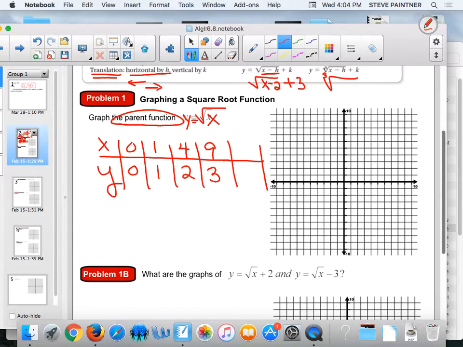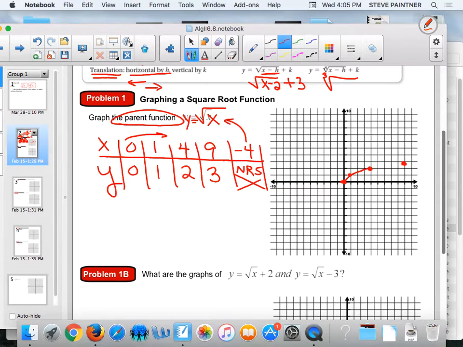I could try negatives, like a negative 4, but the square root of a negative number doesn't exist, so there is no real solution or answer. So we just basically cross that out. So we cannot plug in negative x values. So all we can plug in is 0 on up. So if I graph this, (0, 0), (1, 1), (4, 2), (9, 3).